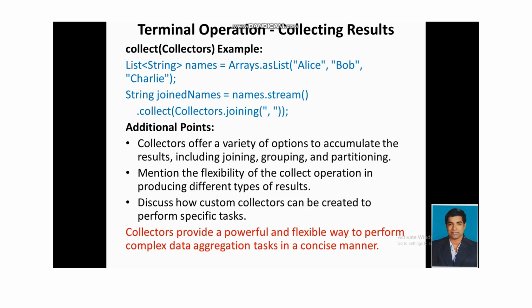String join equals names.stream(). Just we created a names stream. After that, .collect(Collectors.joining). Here the delimiter we are using is comma, so that each and every string is separated by comma.